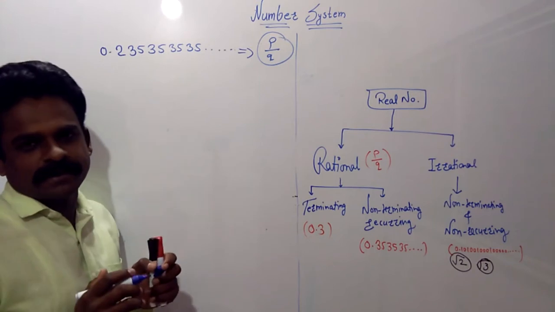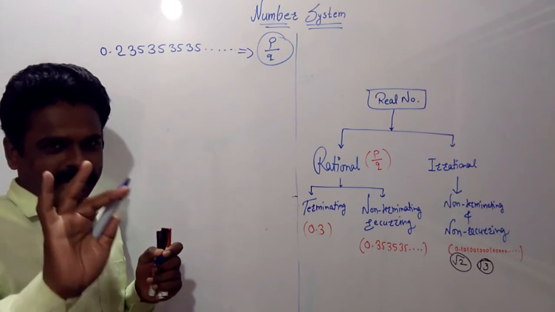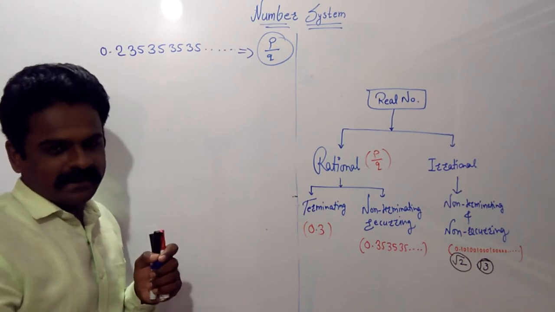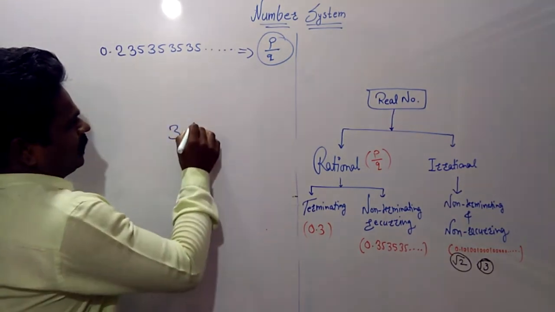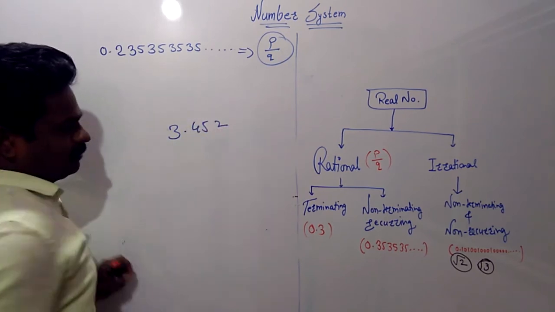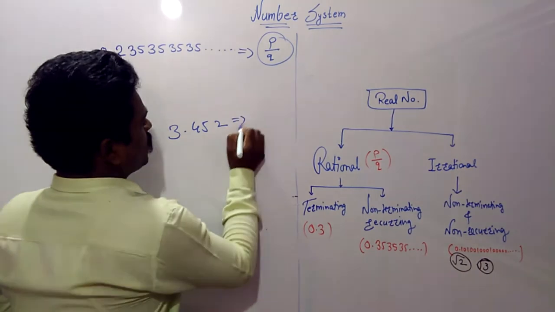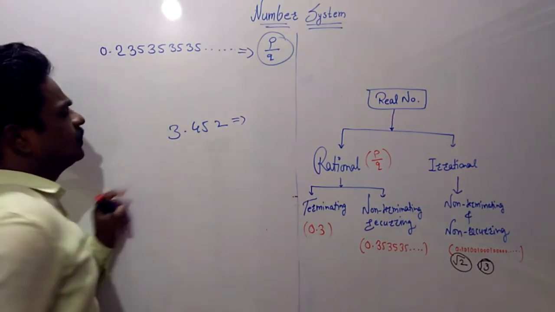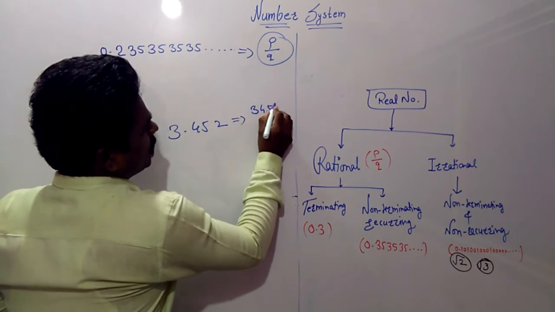How can we express it? If it is terminating, then it is very easy to express it in the P by Q form. So suppose 3.452 is there. How can we mention it in P by Q form? We will just do one thing, remove this decimal point. That means it will become 3452.